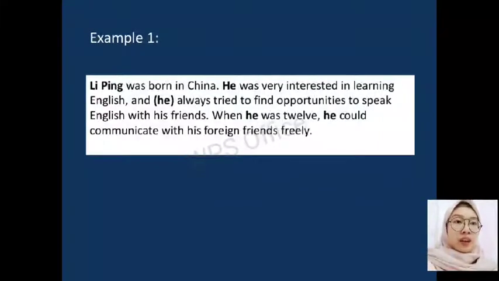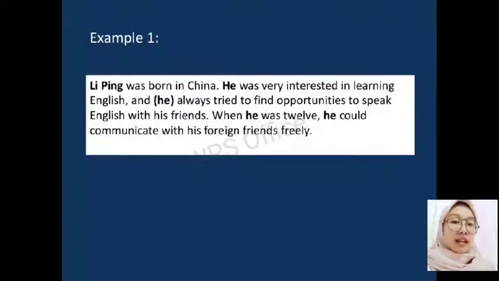So in here, Li Ping was born in China, Li Ping as a theme. But in the next clause, he was very interested, and also the next clause, and he always, when he was, he could. So the theme is always repeated.